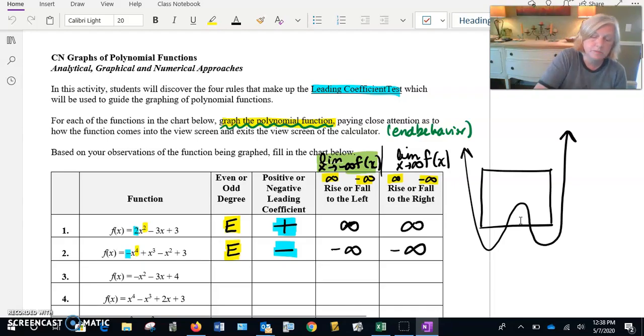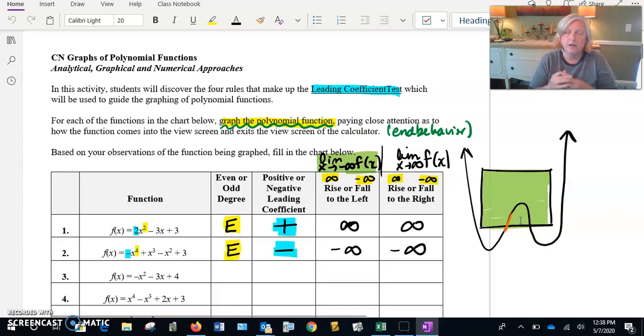But if I have zoomed in so that my calculator window is only viewing this portion of the graph, I may mistakenly think that the end behavior is both going down, and that would be a mistake.